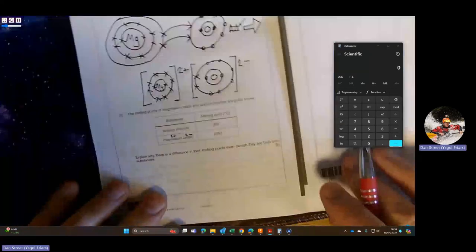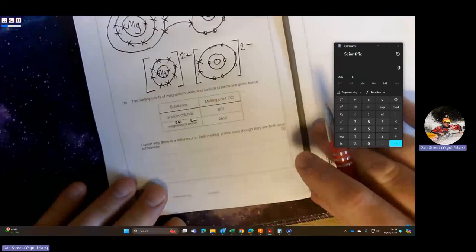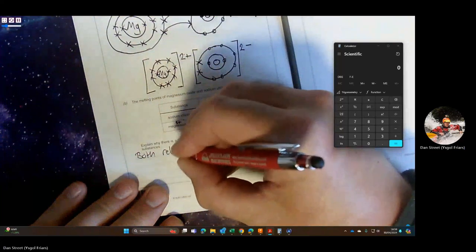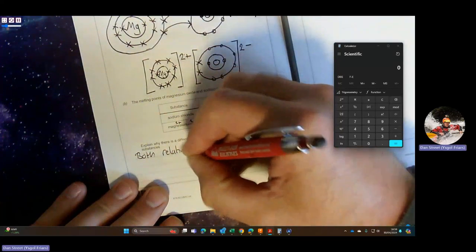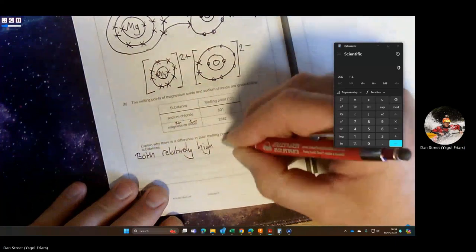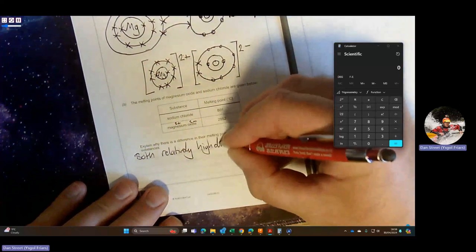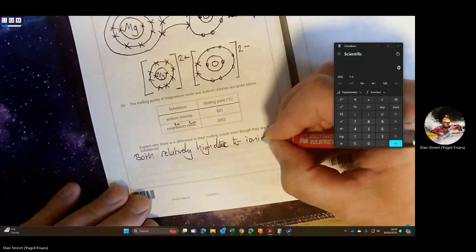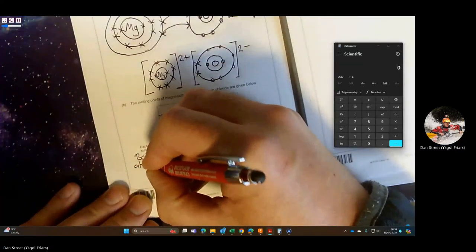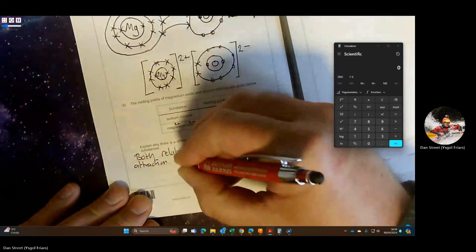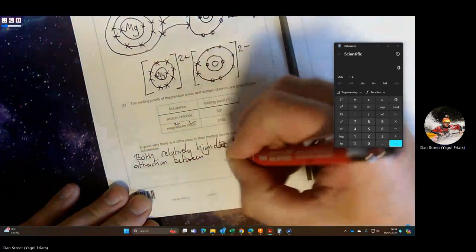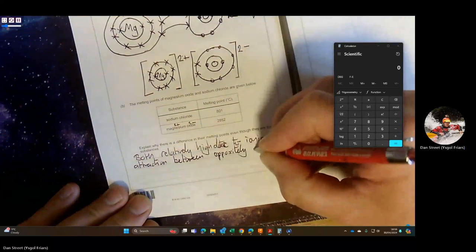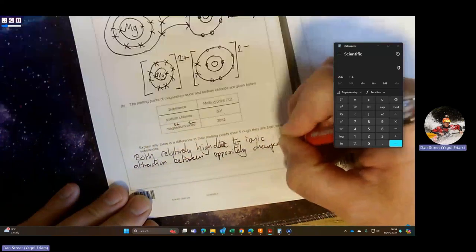Both relatively high due to ionic attraction between oppositely charged ions.